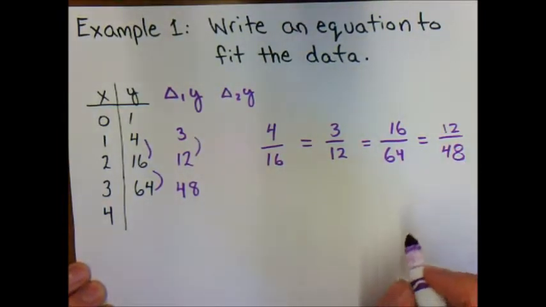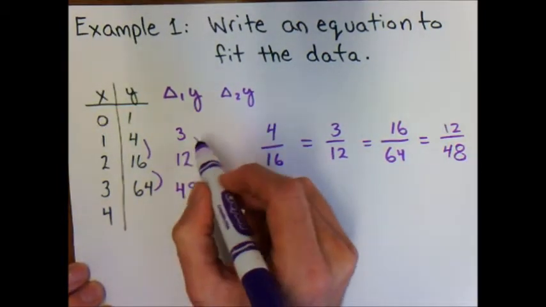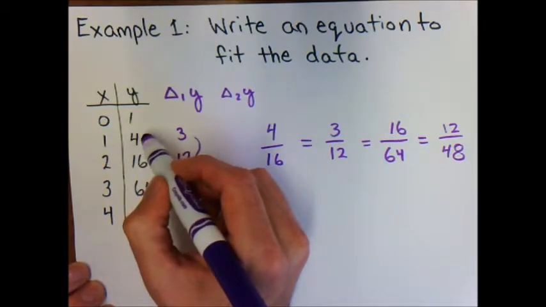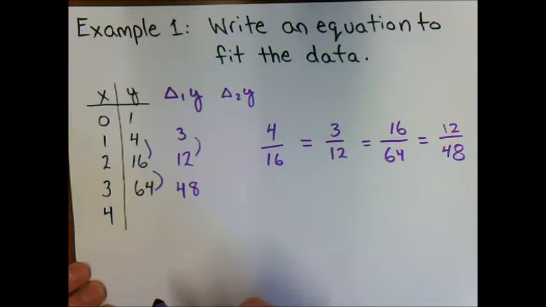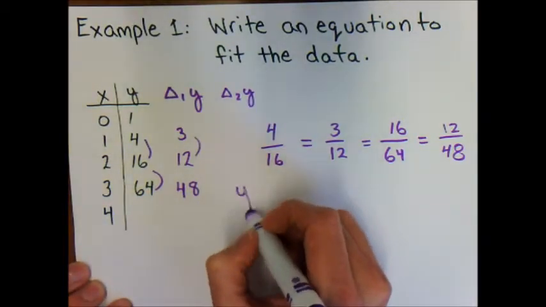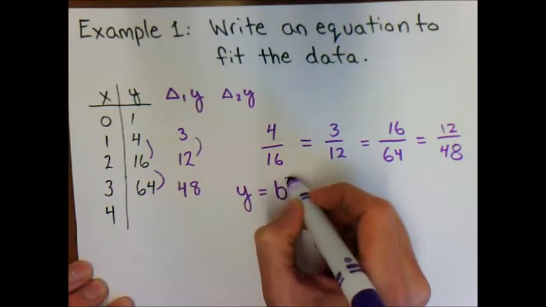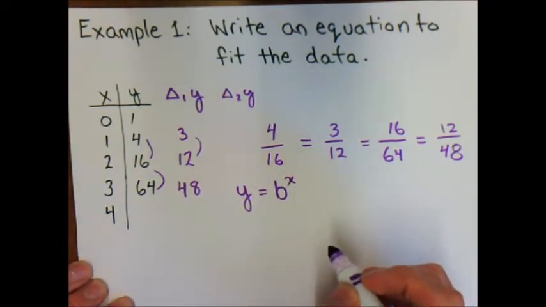So you can see there's a common ratio. Each time I go from one value of y to the next, I'm simply multiplying by 4. So because y is increasing at a proportional rate, the function must be exponential, which means that my equation is going to be in the form y equals b to the power of x.